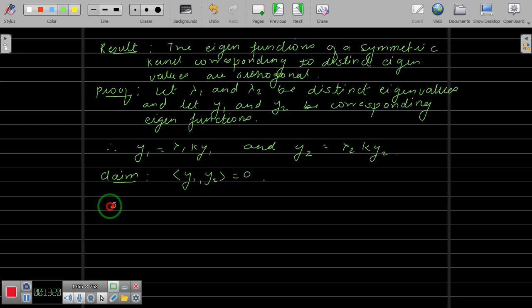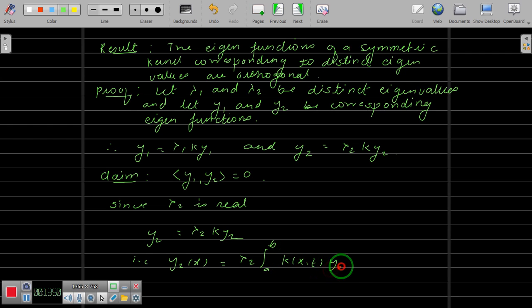Okay. Now since both lambda 1 and lambda 2 are real, and we have this y2 equal to lambda 2 k y2, that is y2 of x is the same as lambda 2 integral a to b k x comma t y2 of t dt.